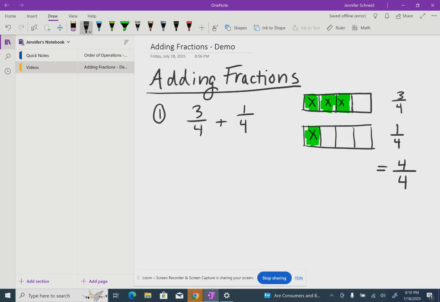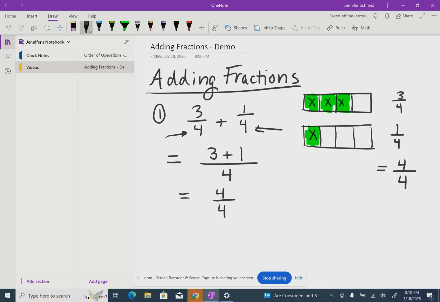More specifically, if we have the same denominator, which is the 4 on the bottom, we keep one of those denominators and we add up the numerators. And so that gives us 4 out of 4. And now we can simplify that.